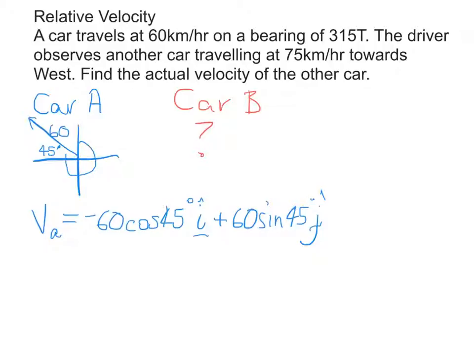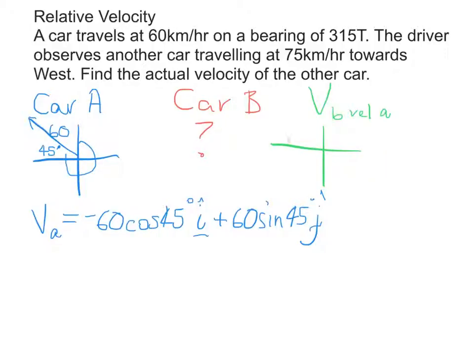So I have the velocity of the B car relative to car A. And I know that that's 75 kilometers per hour towards west.